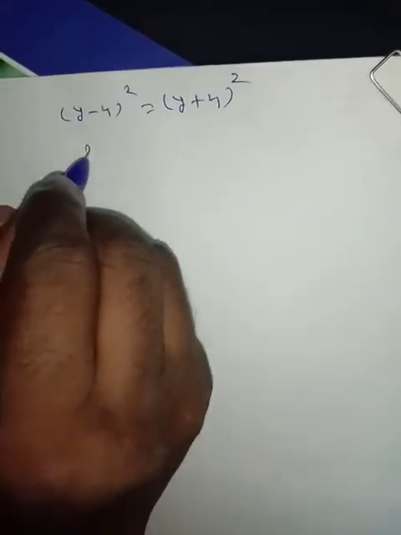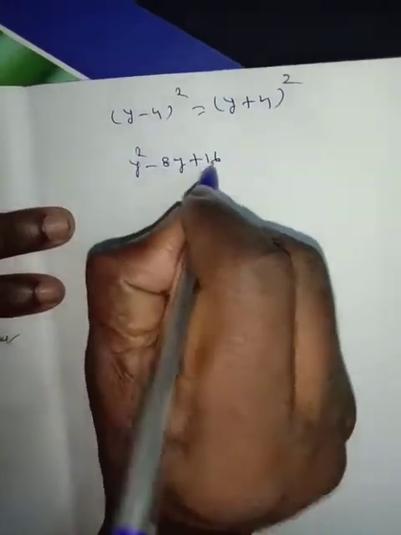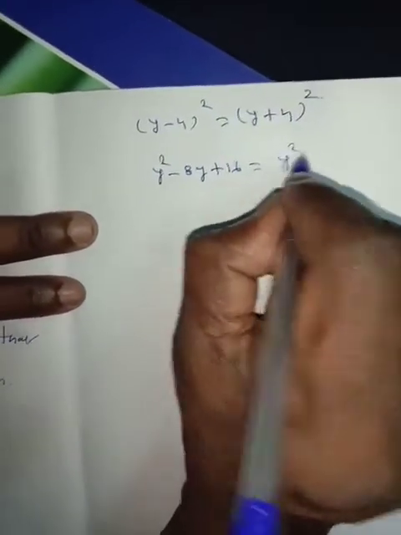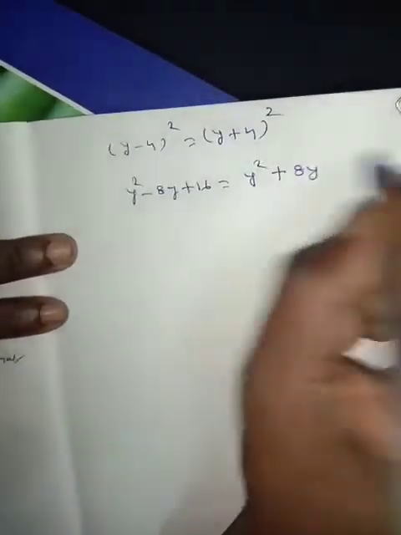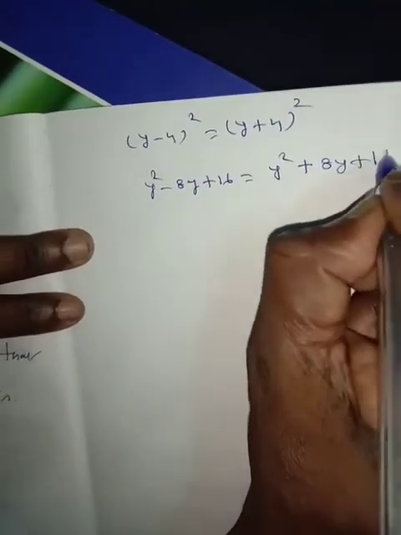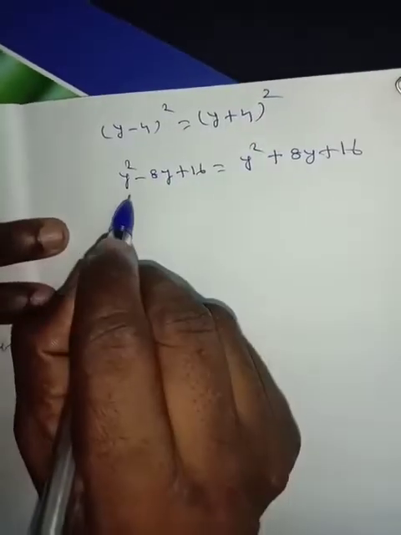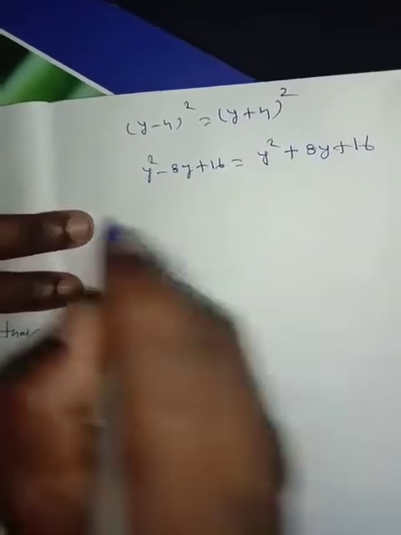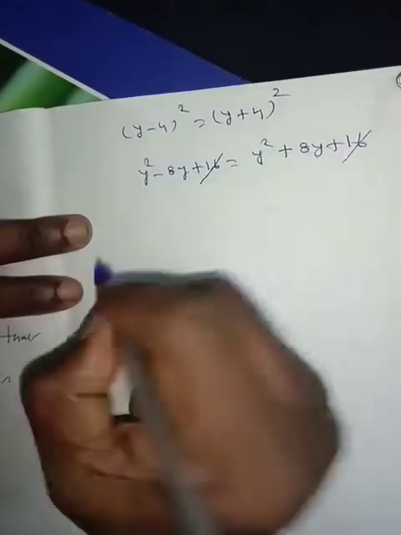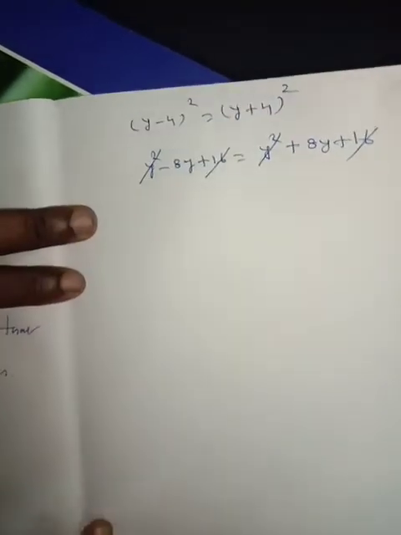Expanding, y² − 8y + 16 = y² + 8y + 16. Apply (a − b)² = a² − 2ab + b² and (a + b)² = a² + 2ab + b². The 16 cancels, and y² cancels.